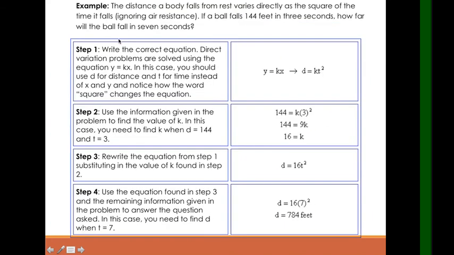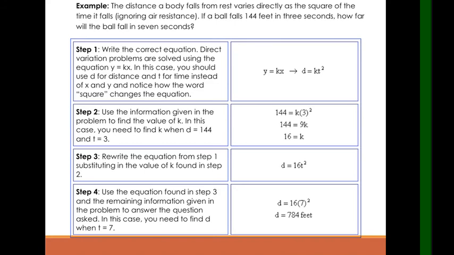Next example. The distance a body falls from rest varies directly as the square of the time it falls. So may square tayong nakikita dito, ignoring air resistance. If the ball falls 144 feet in 3 seconds, how far does the ball fall in 7 seconds?